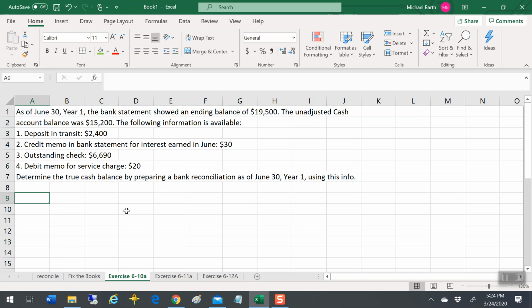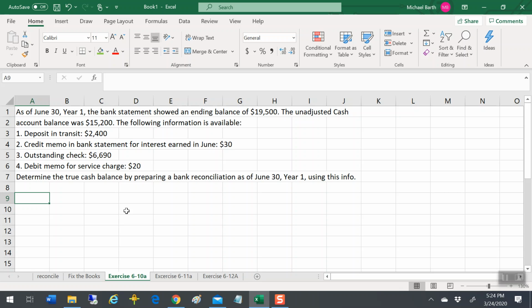So in this 610, as of June 30th, the last bank statement showed a balance of 19,500. The unadjusted cash account balance was 15,200. And then they gave you some more information. They got deposits in transit. The bank doesn't know about those, you do. There's a credit memo in the bank statement that they told you that you earned interest.